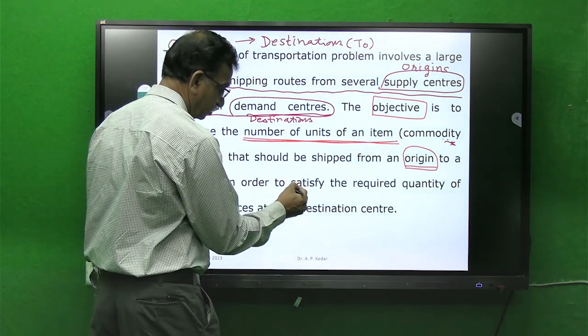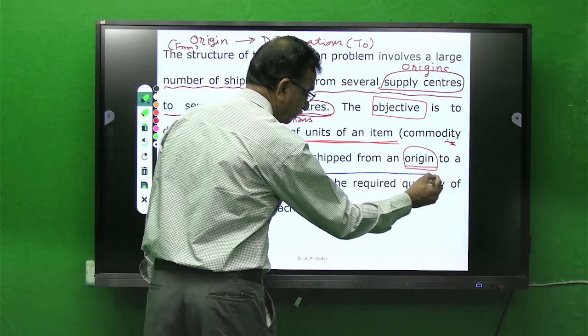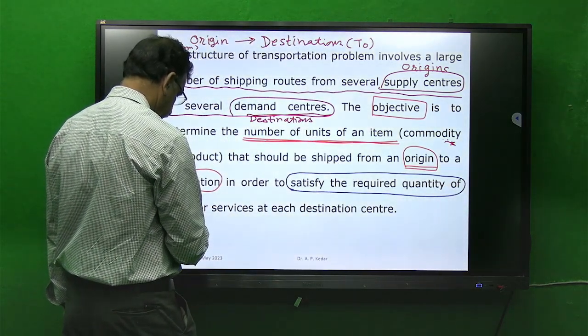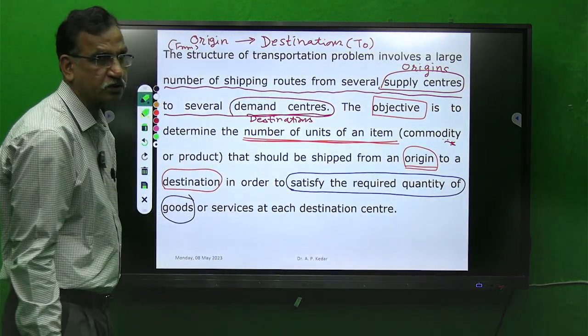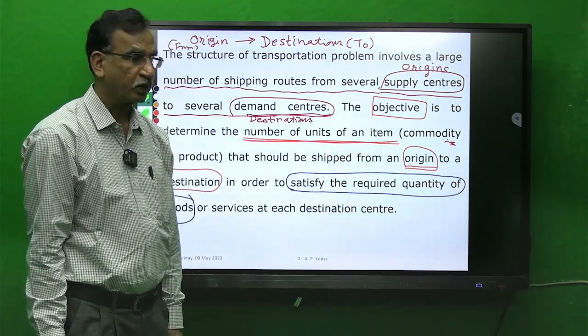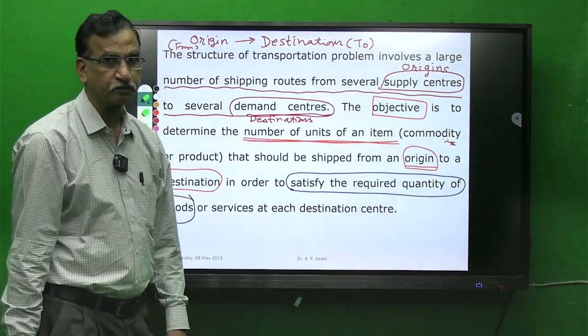In order to satisfy the required quantity of goods or services at the destination.